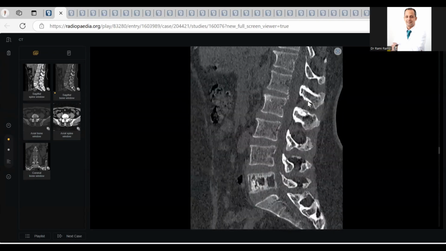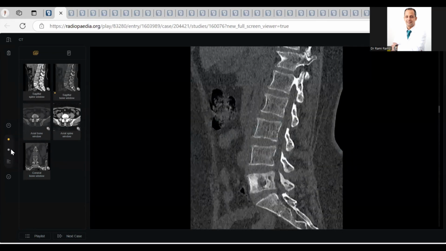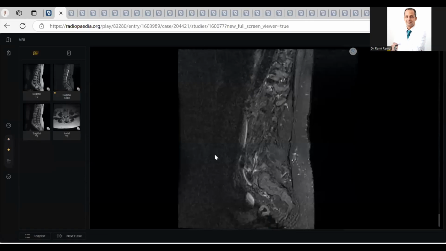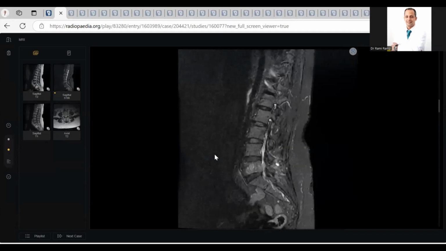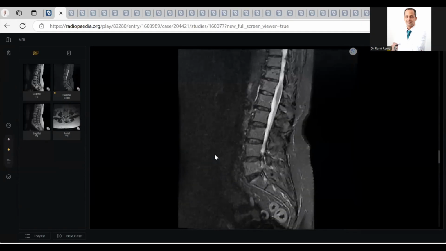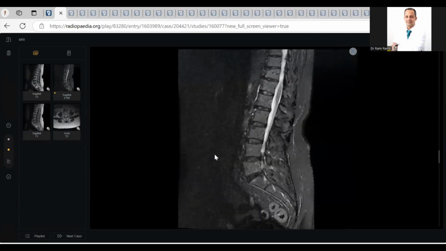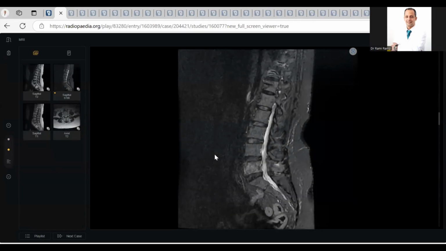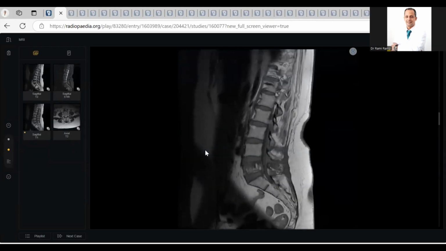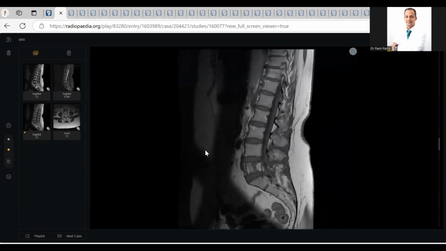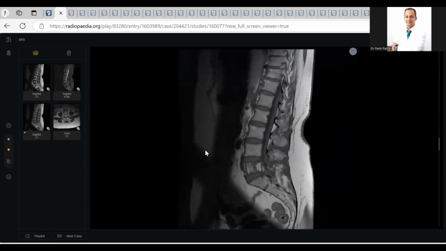For that, get an MRI of the lumbar spine. This is the MRI. In this fluid sensitive sequence of lumbar spine sagittal images, there is subtle high signal involving the L5 vertebral body. In this T1 weighted image, the marrow signal is maintained.